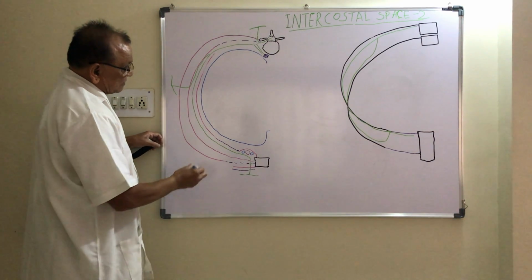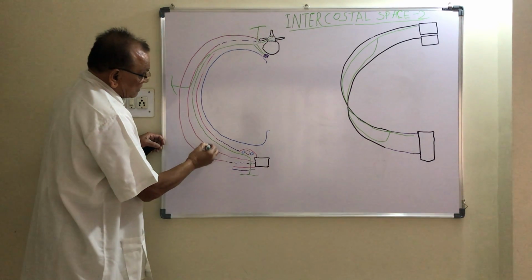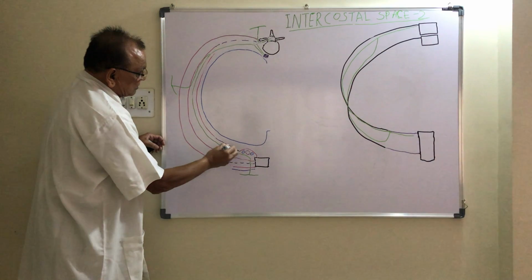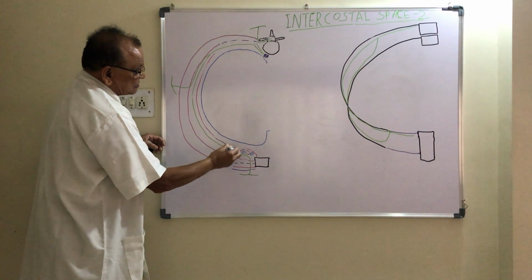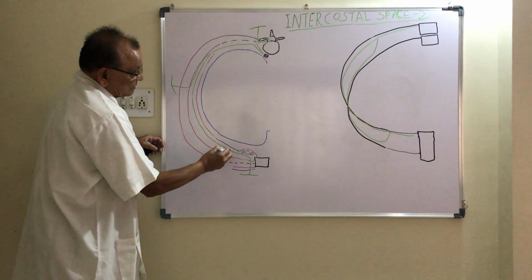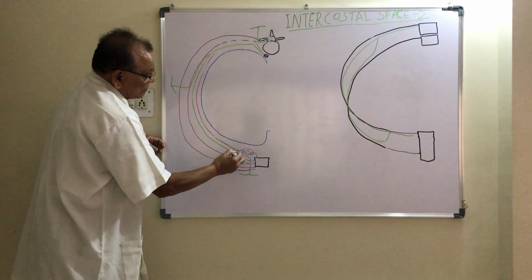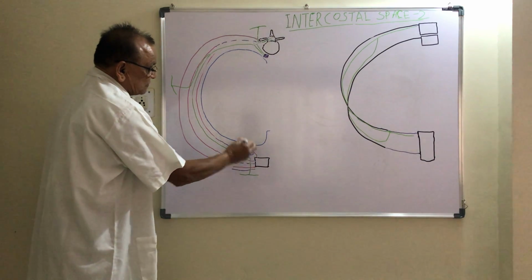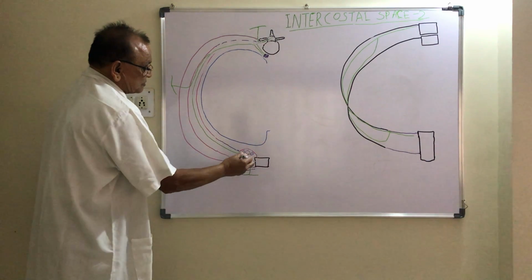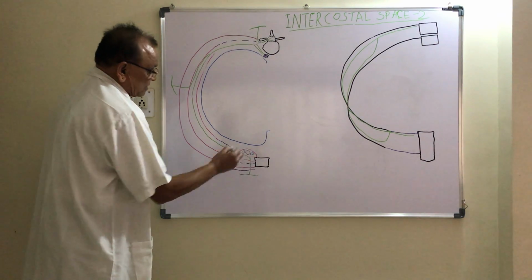Then it runs between the intercostal muscle and the fascia which connects the innermost intercostal and sternocostal muscle. Then, going forward, it crosses the internal thoracic vessels and, near the side of the sternum, passes forward.